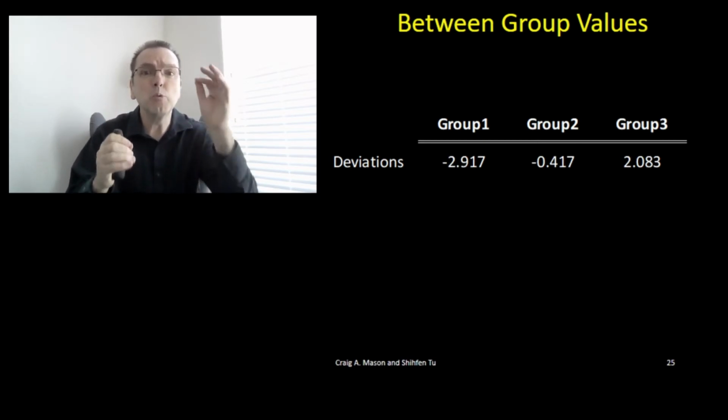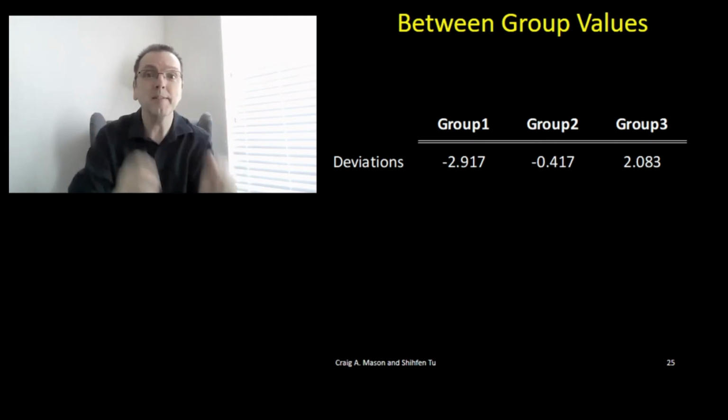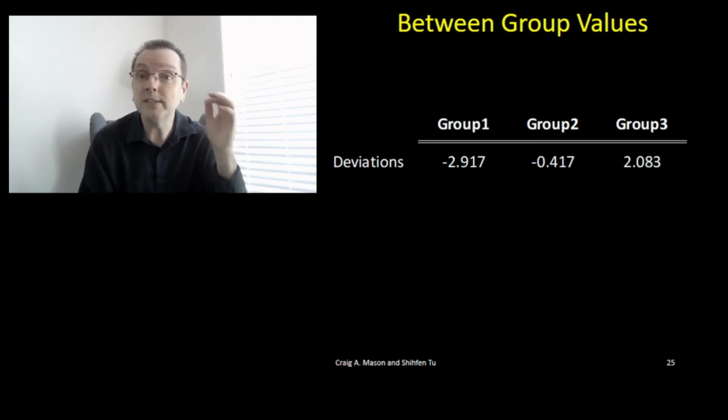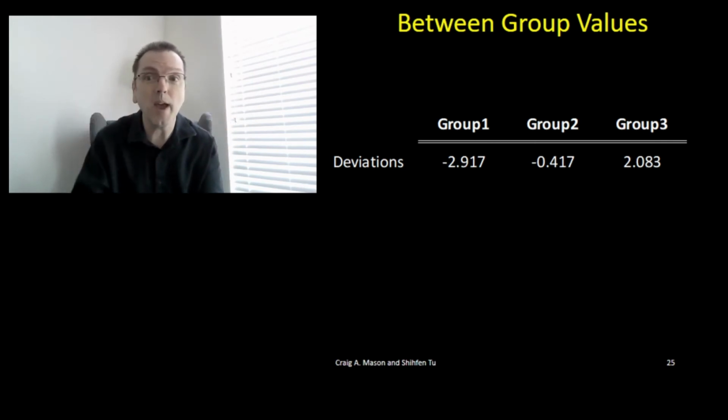It's the group mean deviations from the grand mean, which are negative 2.917 for group 1, negative 0.417 for group 2, and 2.083 for group 3.